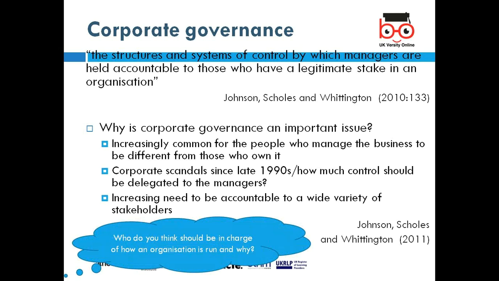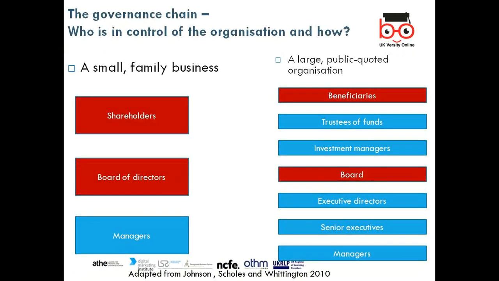Who do you think should be in charge of how an organization is run, and why? Of course, we need to look around. Shareholders have a right to vote in a public limited company. Those are the ordinary shareholders, and they can change things or delegate power. So the governance chain: who controls the organization, and how?